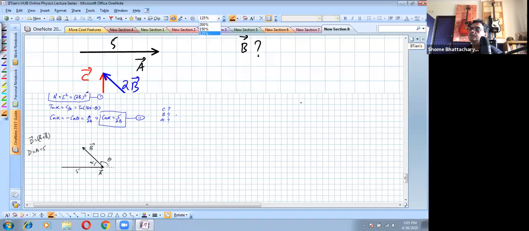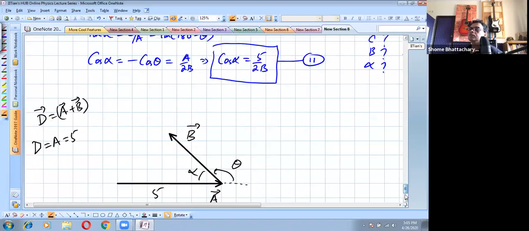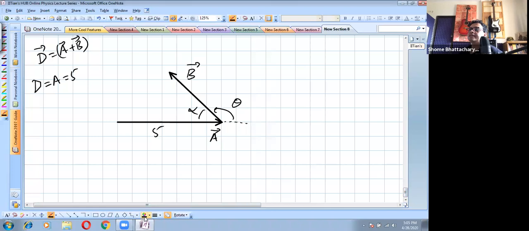Coming back to this, we now have the third side, which is the vector D. This is the sum of A and B, which is this one. This vector is D, and it's given to me that this side is also 5.